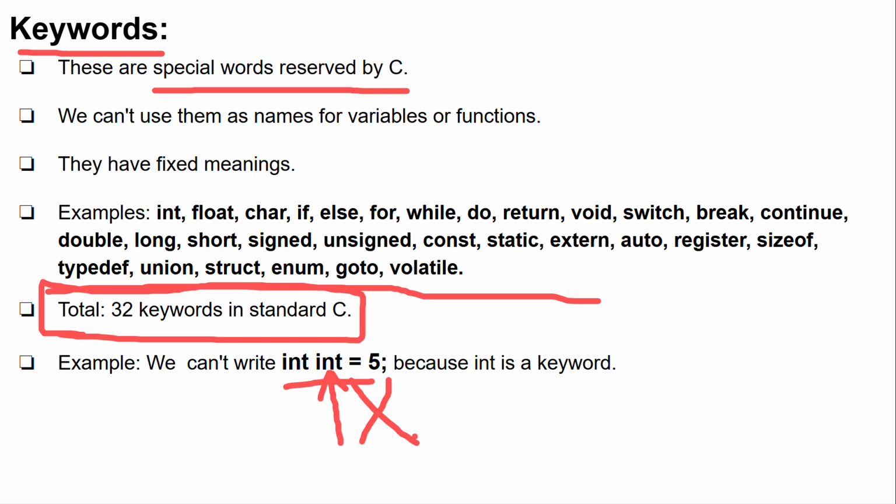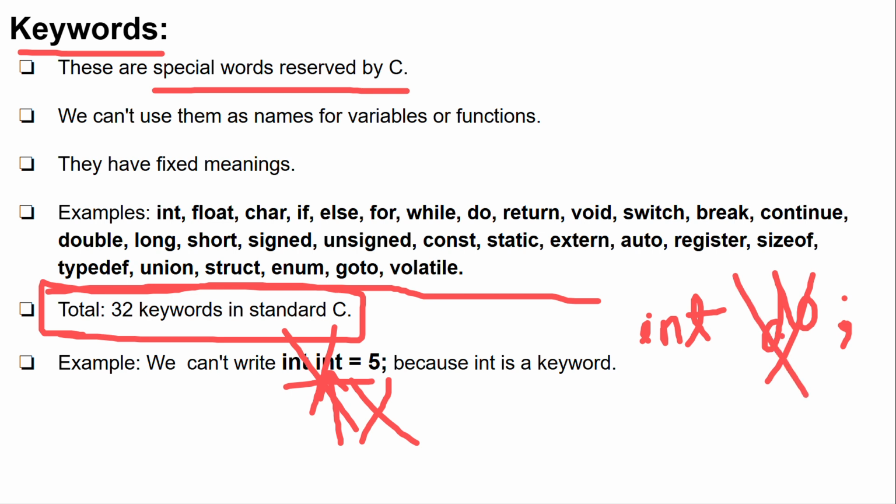So this representation is wrong. If I write int do, I should not use do as an identifier in the program because do has a specific meaning. I should not use any keywords.